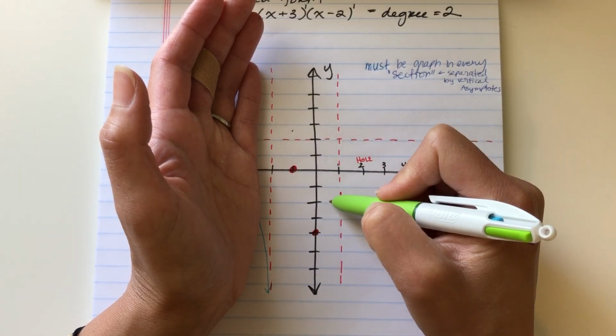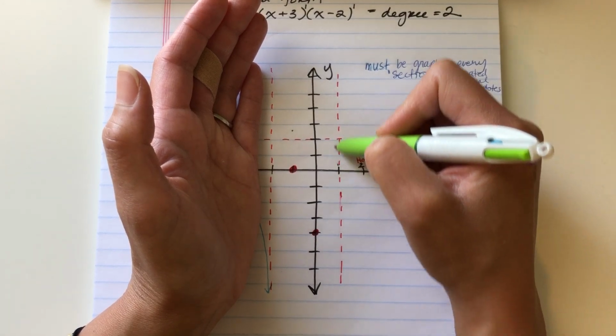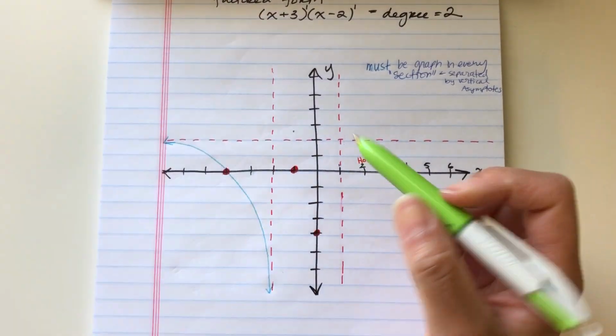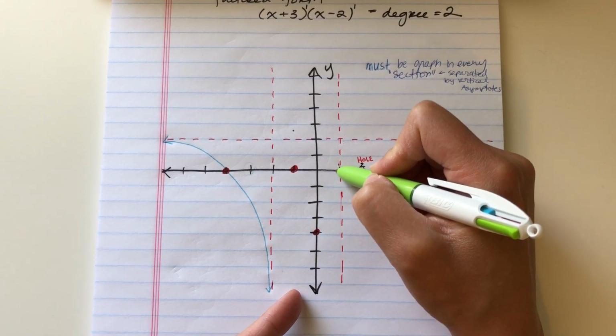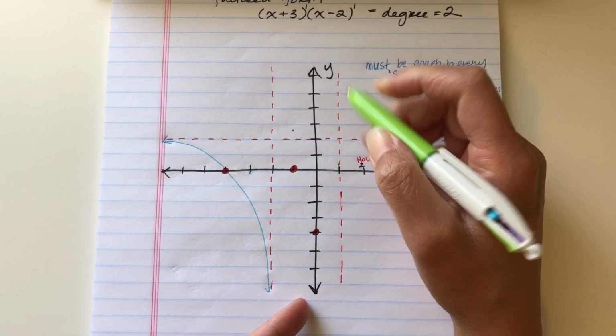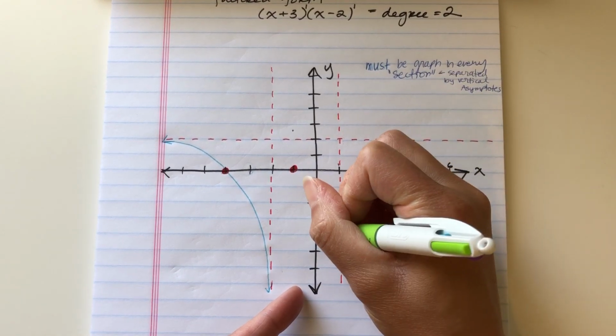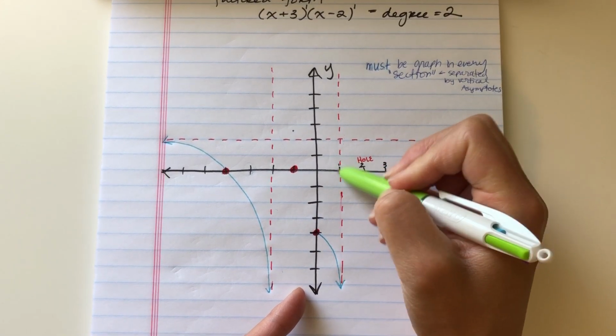And then I know the graph at this asymptote has to either go down or go up, okay? So the thing about it is I know from here the graph cannot go up. Why? Because there's no x-intercept there. So I know from here the graph has to go down no matter what because there's no x-intercept here.